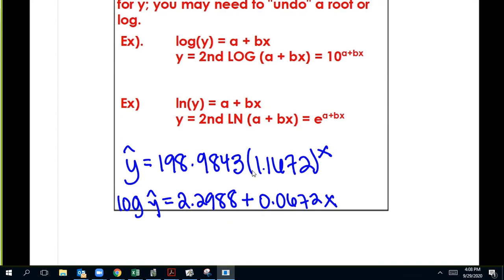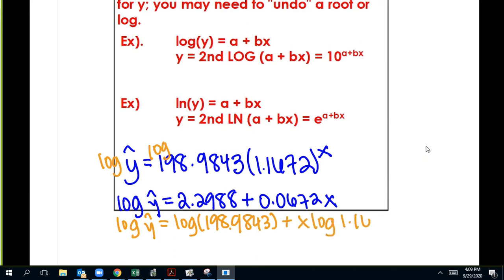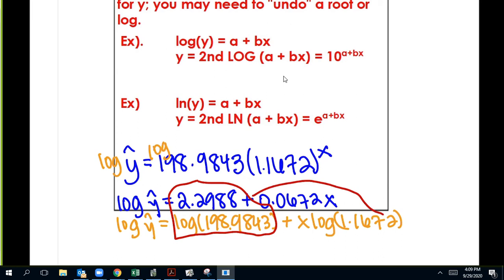If I take the log of 198.9843, remember I could log both sides, then I get log of y hat equals log of 198.9843 plus x log 1.1672. Then what we should be able to see is that these values equal each other right here and here.